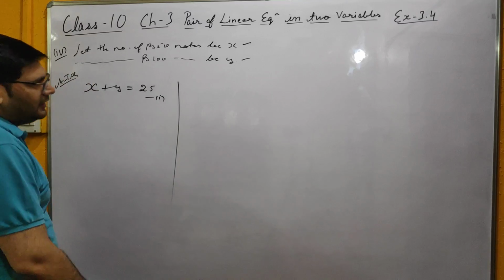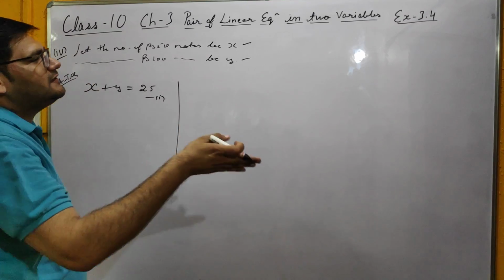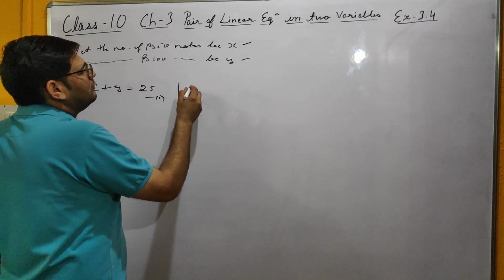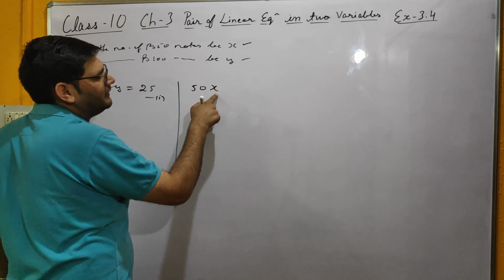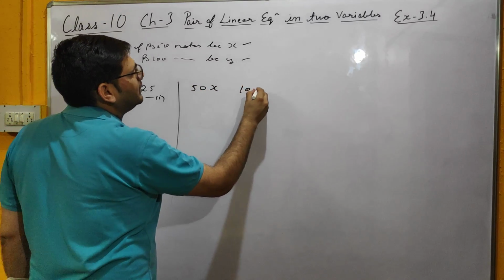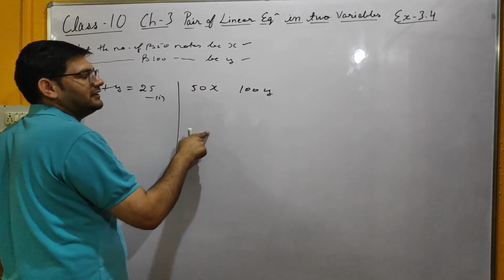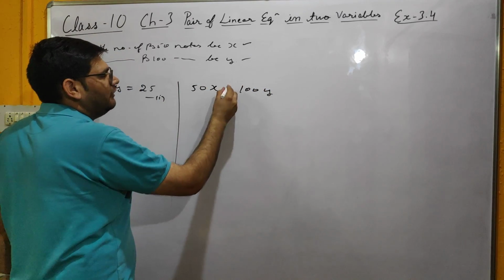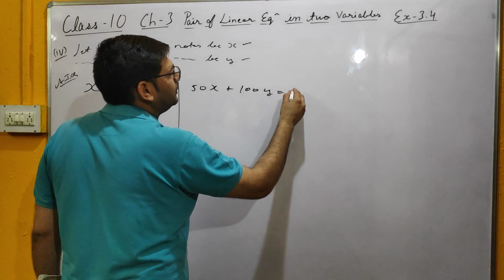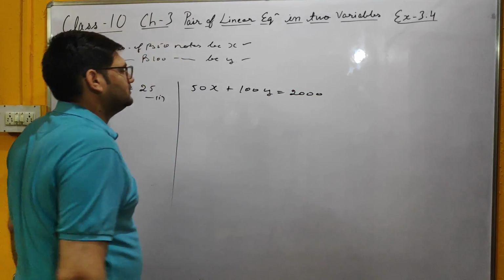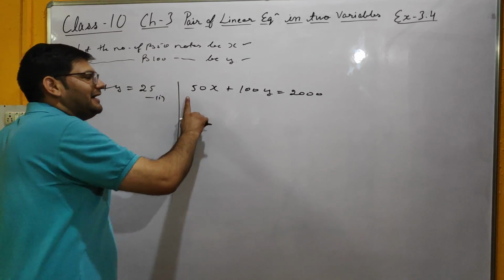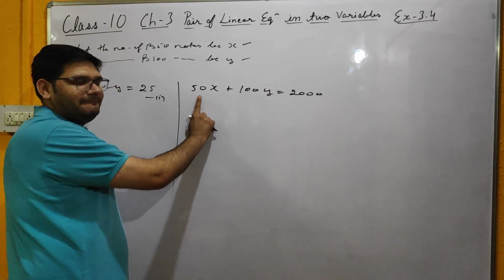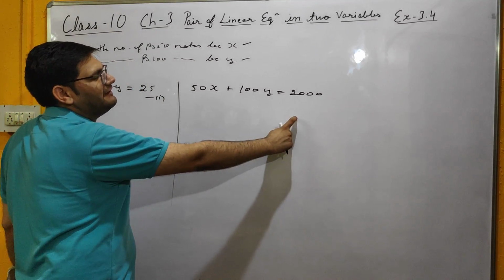Next, the total amount is 2000 rupees. Okay, so there are x notes of 50 rupees, so 50x. There are y notes of 100 rupees, so 100y. If you add them, you will get the total amount, that is 2000. Alright, so now how can you proceed? Divide this complete equation by 50. You'll get a simplified equation.